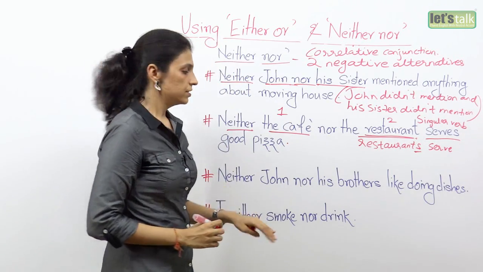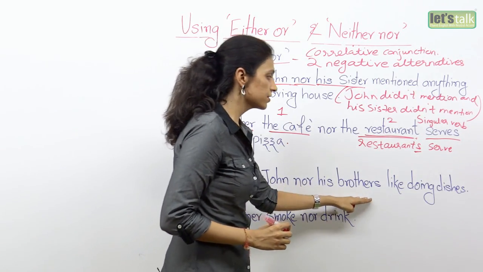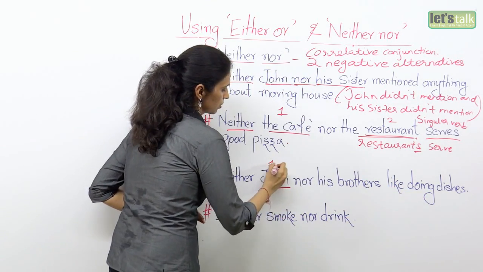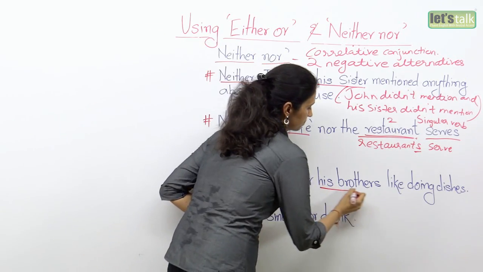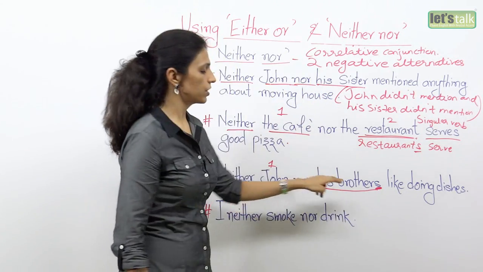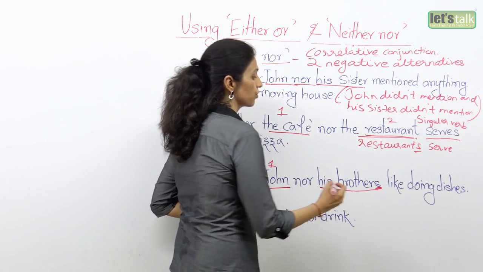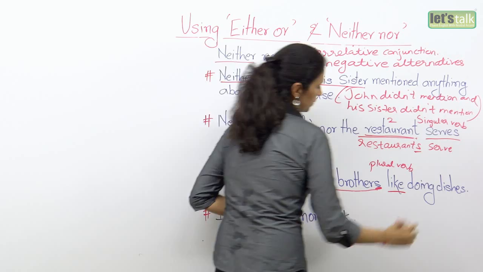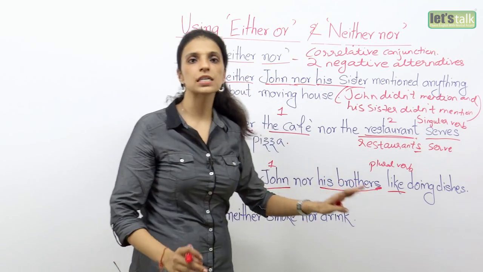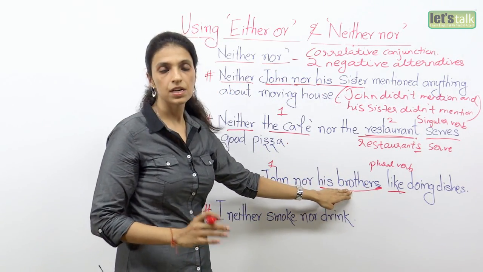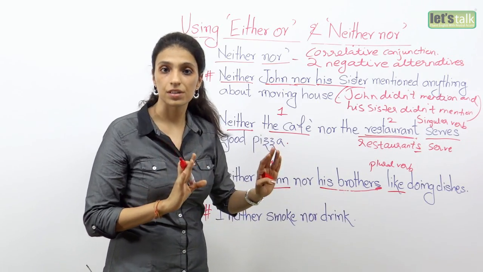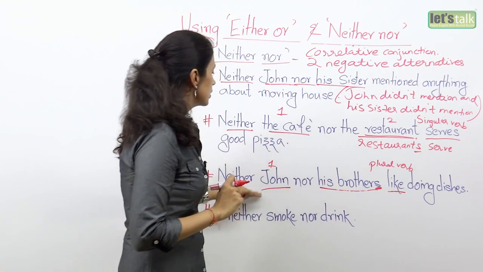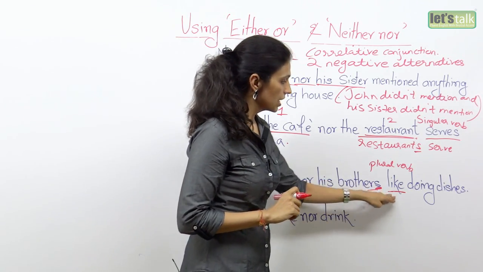Now in my next example: neither John nor his brothers like doing dishes. So neither John, my first alternative, nor his brothers. Now the noun "brothers" is in the plural form, so I use a plural verb, because "like" has to agree with the second alternative. In this case, it is plural, so I'm going to use "like".